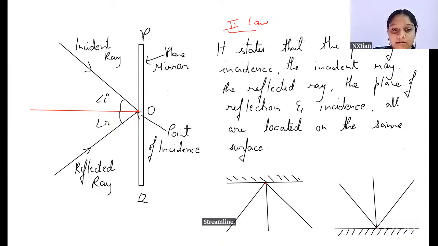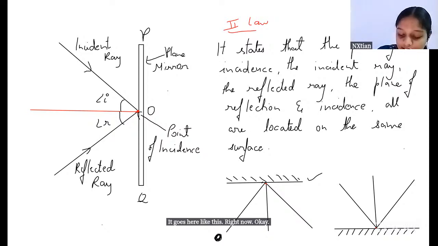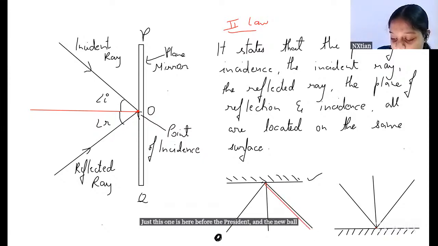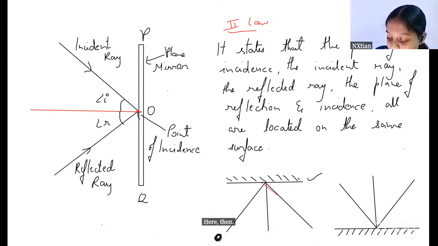But if the ball goes in a straight line, suppose this is my surface, any surface. The ball is here. It goes like this in a straight line, touches this surface here, the point of incidence, and then your ball comes here. Then yes, both the angles will be equal.